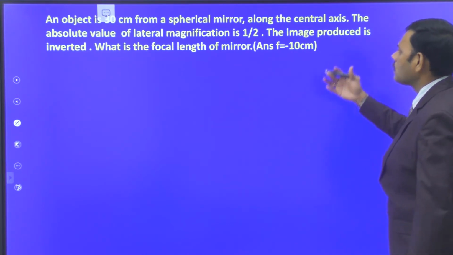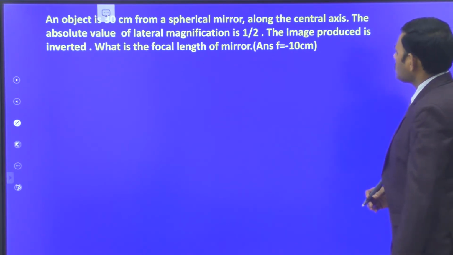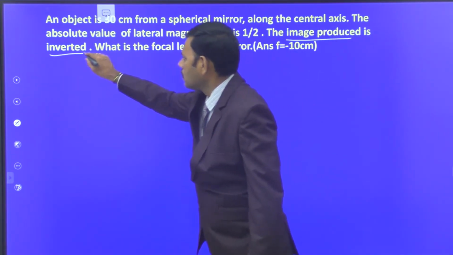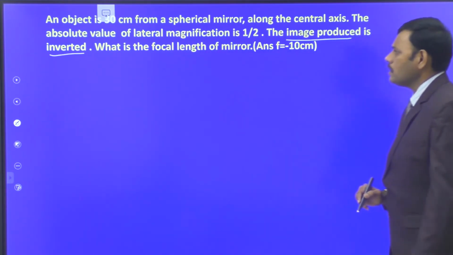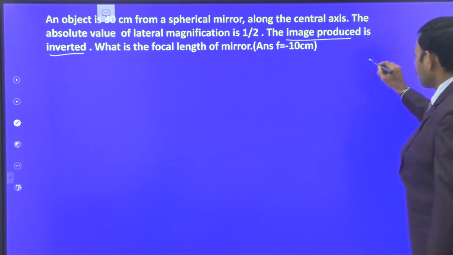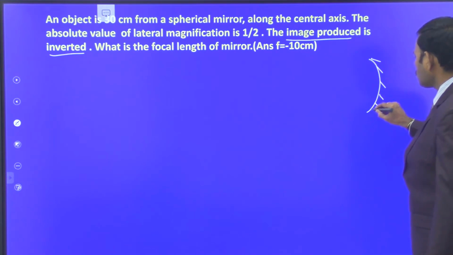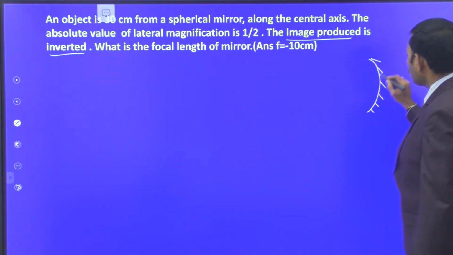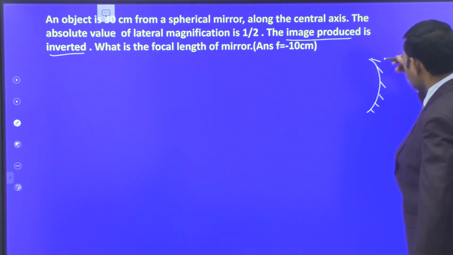What is the focal length of the mirror? As the image produced is inverted, this must be a concave mirror. For a convex mirror, we always get an erect image. An inverted image is possible only in case of a concave mirror.